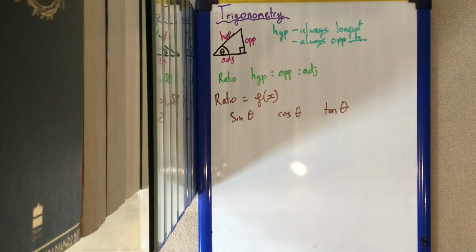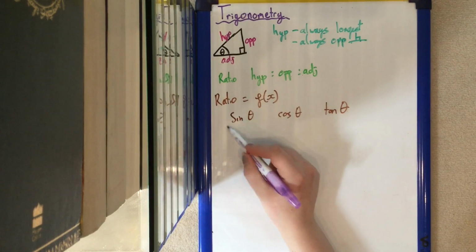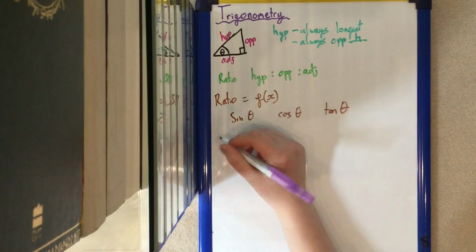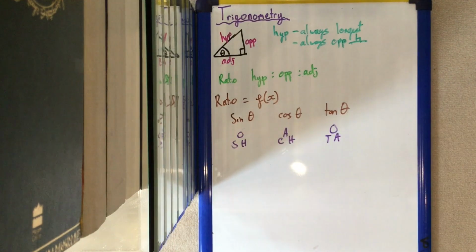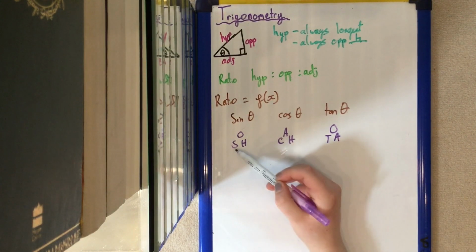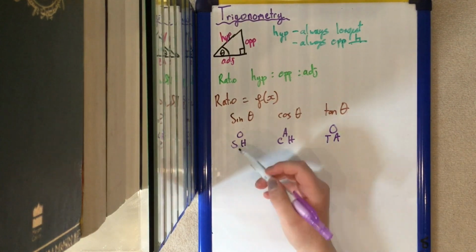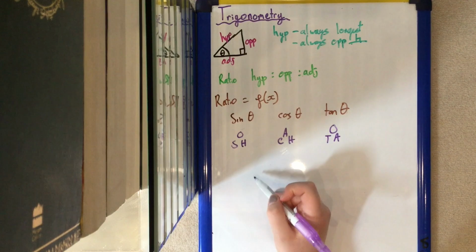I have a handy little way of remembering which trigonometric ratio goes with which side, and my little mnemonic is called SOHCAHTOA. Slightly difficult to pronounce, but it will make sense in a minute. As you can see, I've written each of the 3 letters in a triangle. This helps make rearranging an equation a lot easier.